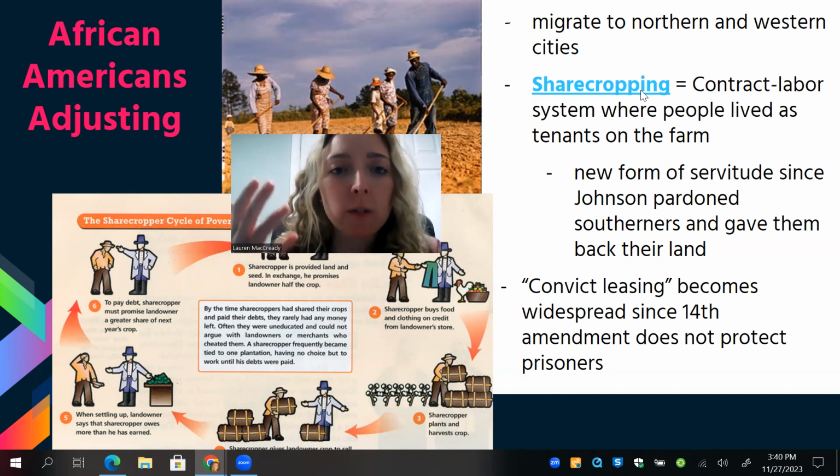It's insurmountable compared to the amount of money they'll actually make. So they are constantly indebted to the plantation owner. So you can see how this is basically putting them in bondage yet again. It's this new form of economic slavery.